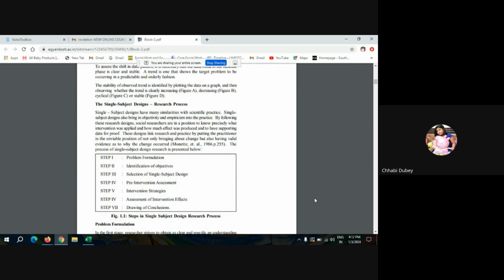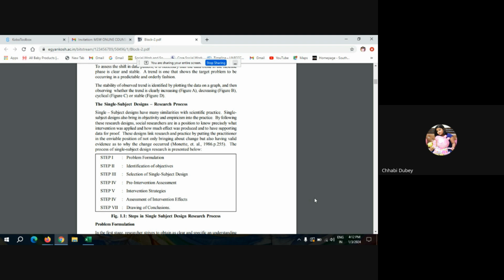Now, how does the research process take place? These single subject designs have many similarities with scientific practice. They also bring a lot of objectivity and empiricism into the practice, because we have already seen that this is very much seen in most of the experimental and quasi-experimental designs.